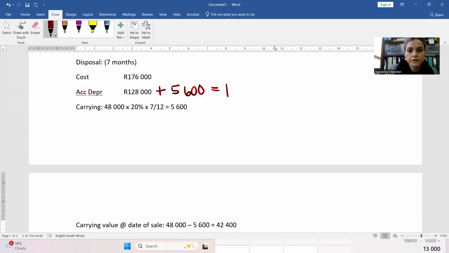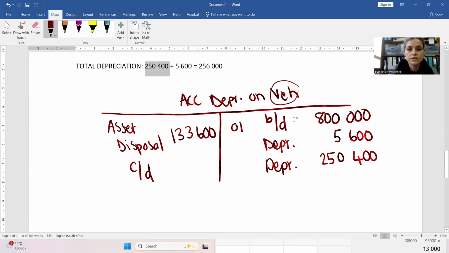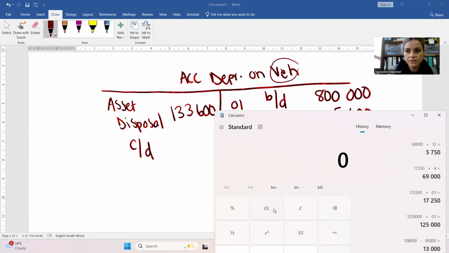Oh gosh, where's my 3? There we go, 133,600. Okay, so I removed the cost from the cost account, so I also have to remove the accumulated depreciation from the accumulated account, so 133,600. So now I can calculate my closing balance easily using that information.